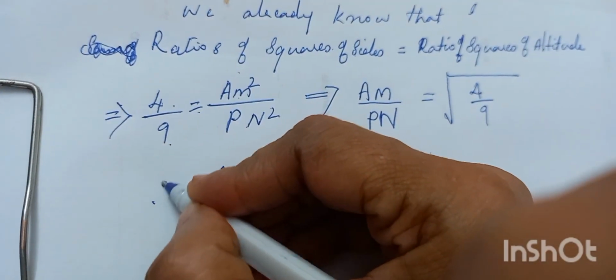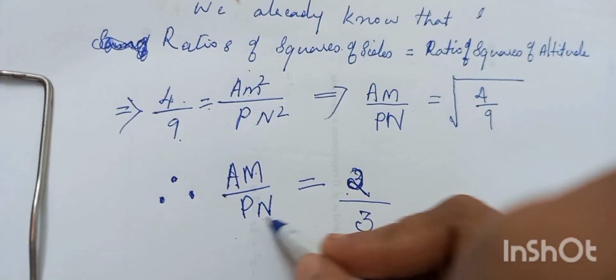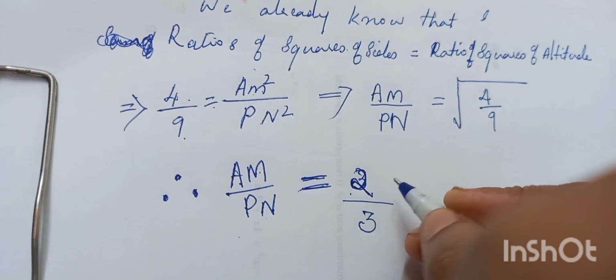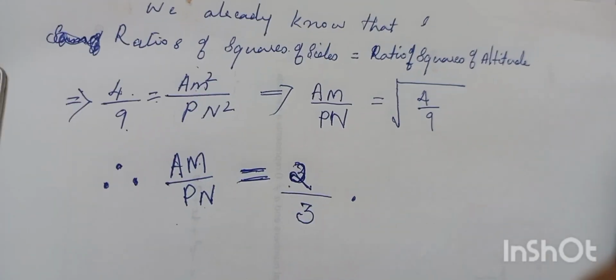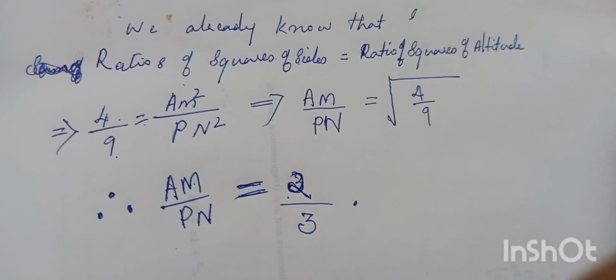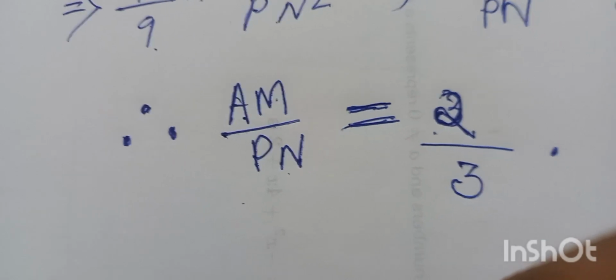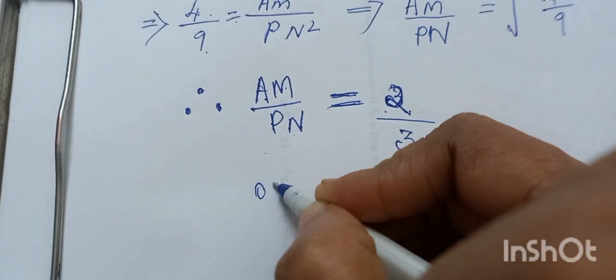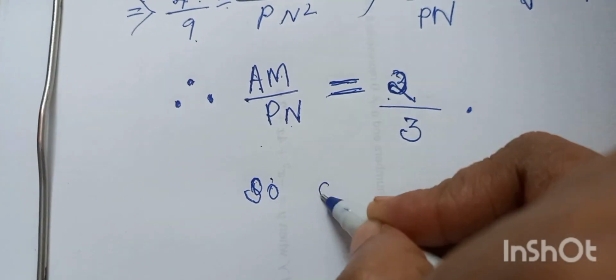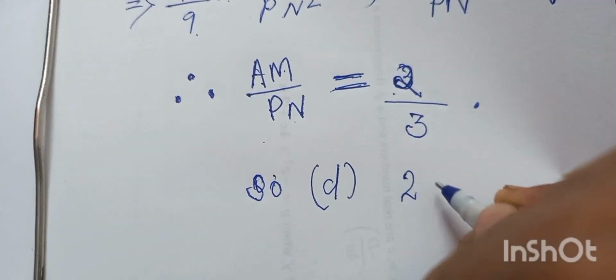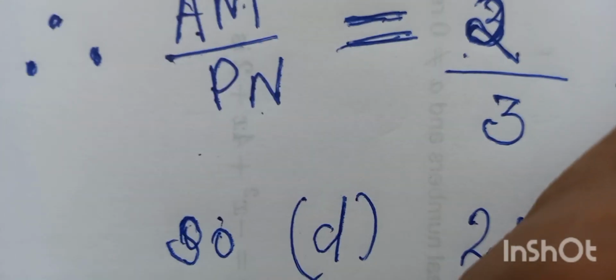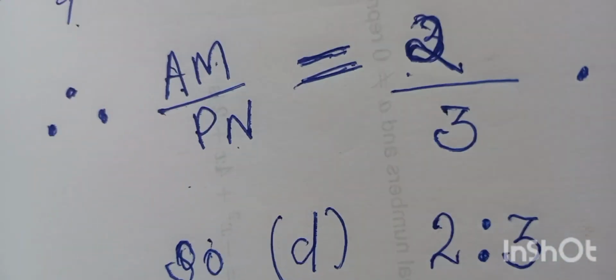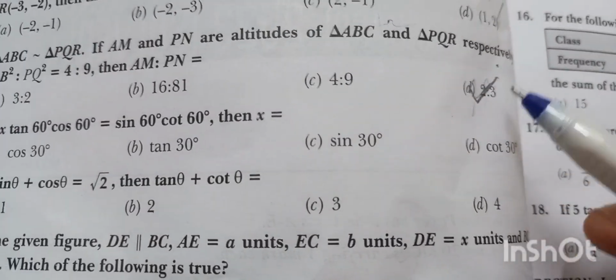Therefore AM by PN is equal to 2 by 3. Okay. Option D, 2:3.